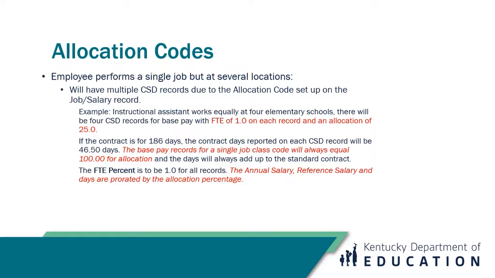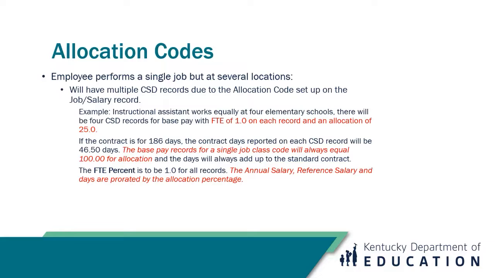An example here is that we have an instructional assistant who works equally at 4 elementary schools. There will be 4 CSD records for the base pay with an FTE of 1 on each record and an allocation of 25. If the contract is for 186 days, the contract days reported on each CSD record will be 46.5 days.